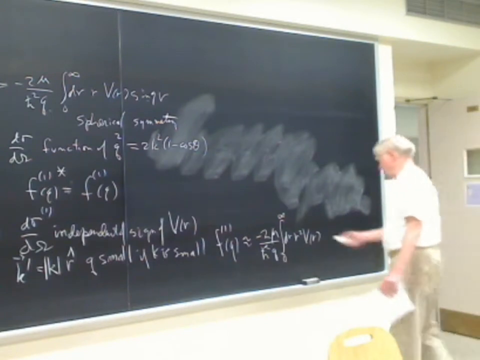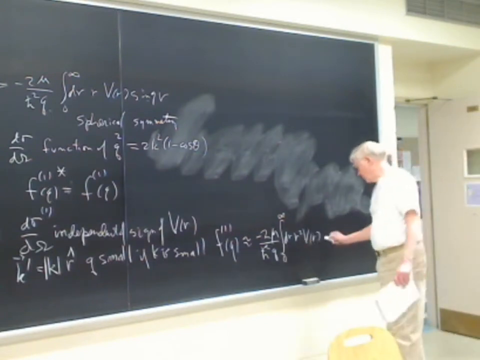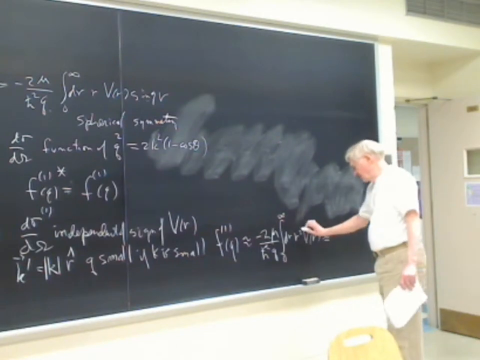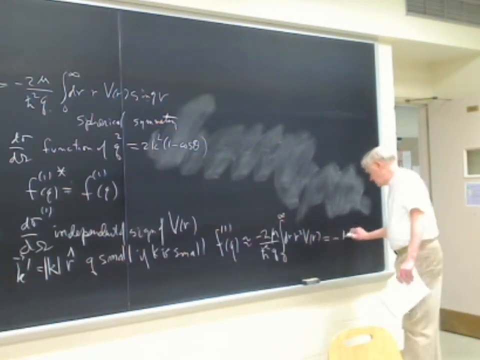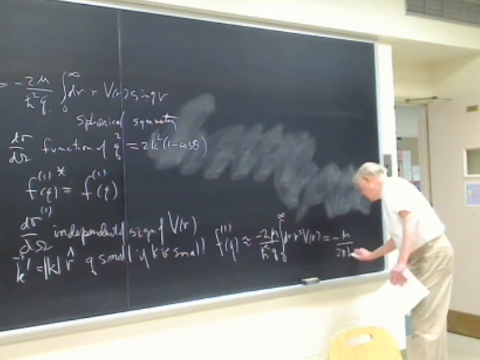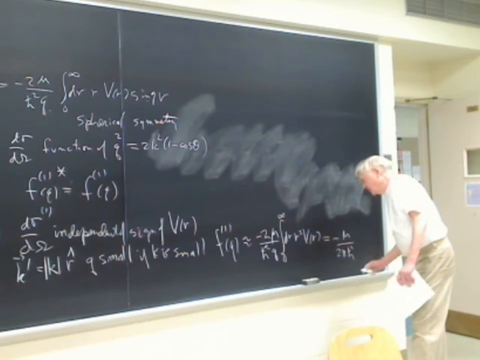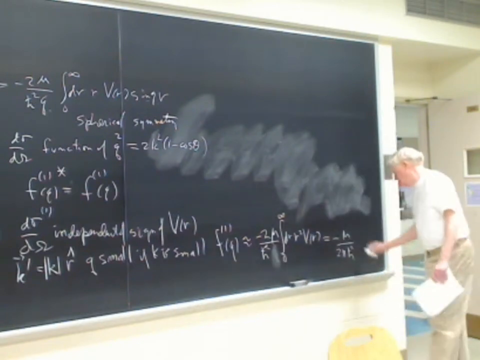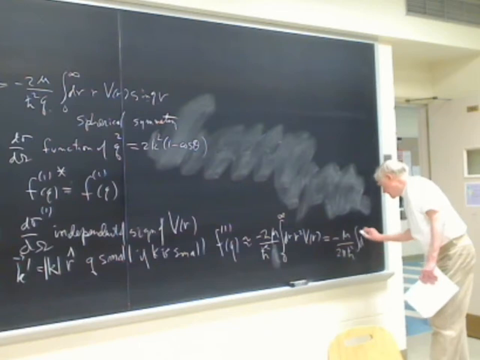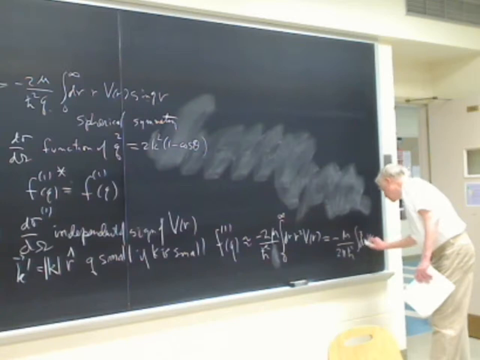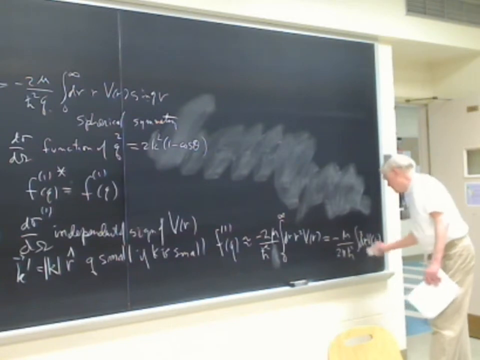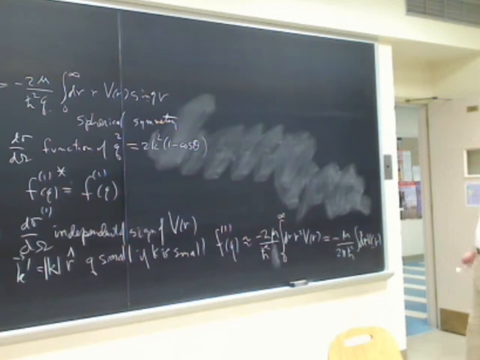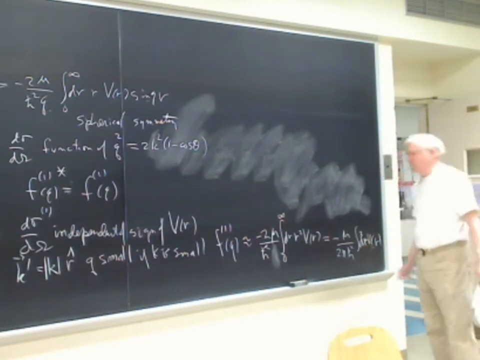And equivalently, if you toss in a 4 pi, you can multiply that by 4, so then you have minus mu over 2 pi h bar squared. I'm sorry, I should have taken the q in there. Integral d^3r v of r. In other words, it's the volume integral of the potential, which is a constant, times minus mu over 2 pi h bar squared.